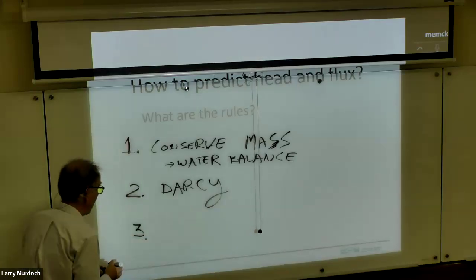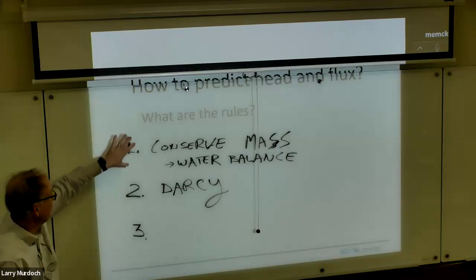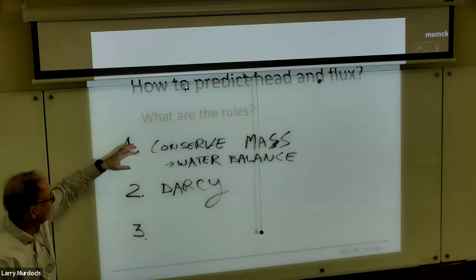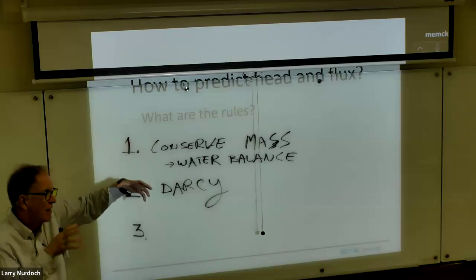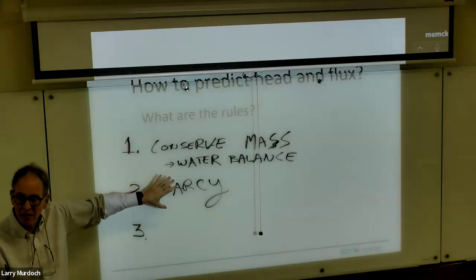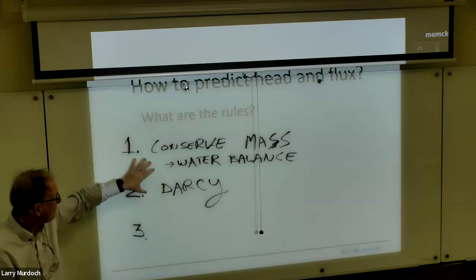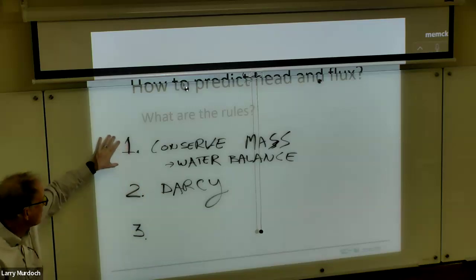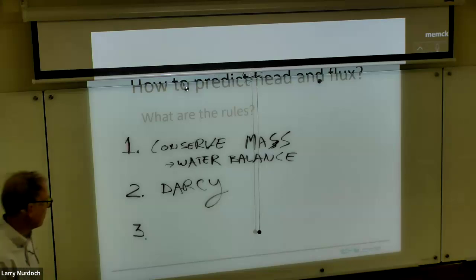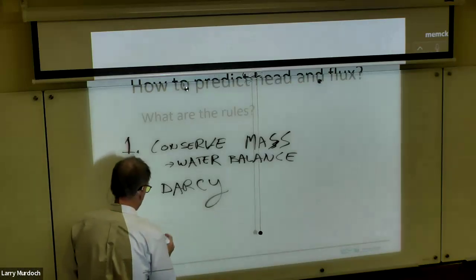So these are the physical principles, and these are kind of governing what's happening in a conceptual way. If we want to solve that particular problem, we have to have these tailored specifically to the problem at hand.